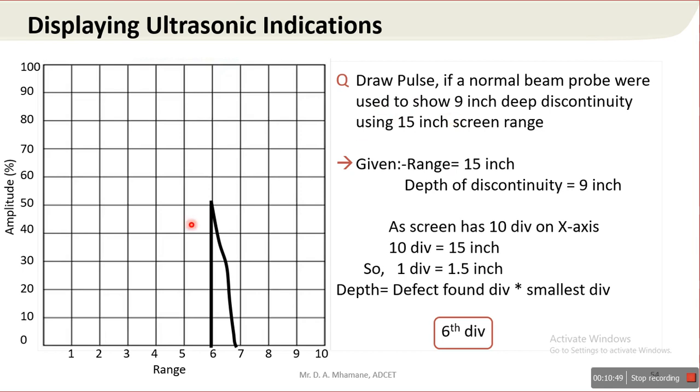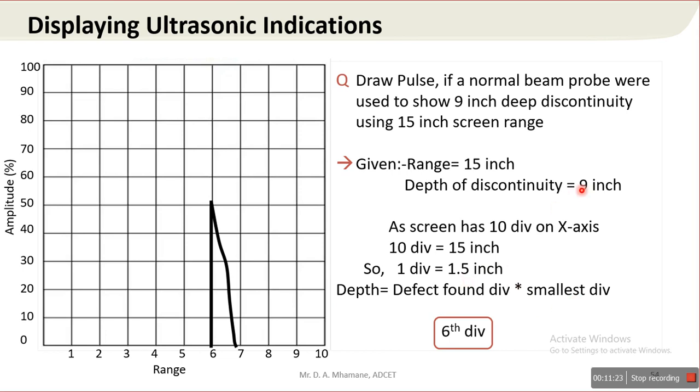So I will repeat here again. We need to draw this pulse, and the given is range 15 inch and the depth of discontinuity is 9 inch. So as the screen has 10 divisions on the x-axis, 10 divisions equal 15 inch. So ultimately the value of a single division is 1.5 inch. So with the help of this formula, 9 equals depth found division into smallest division 1.5.